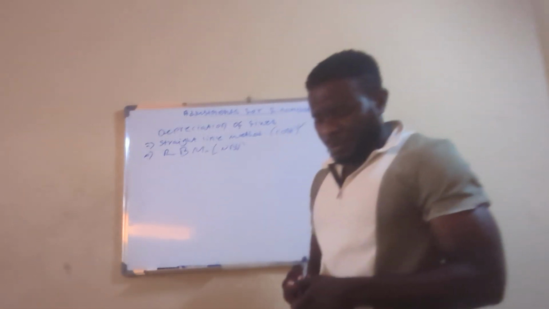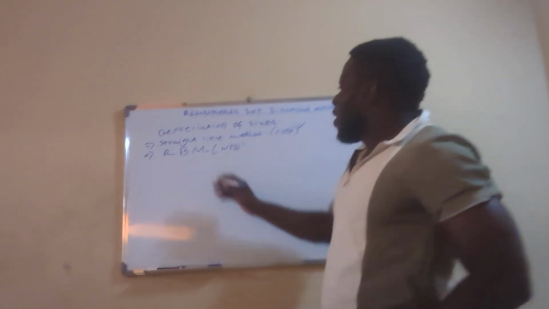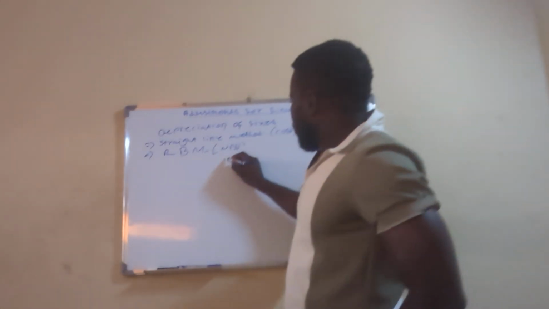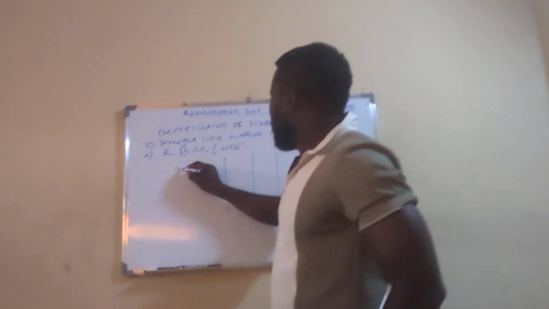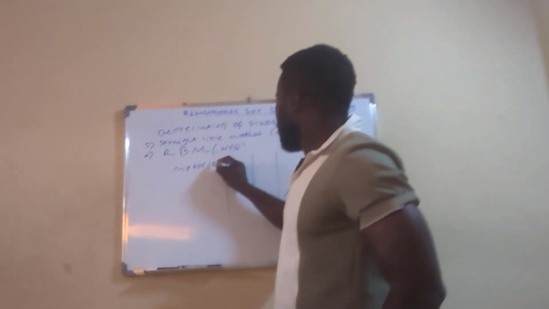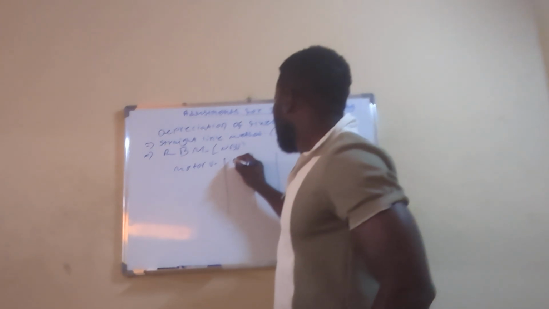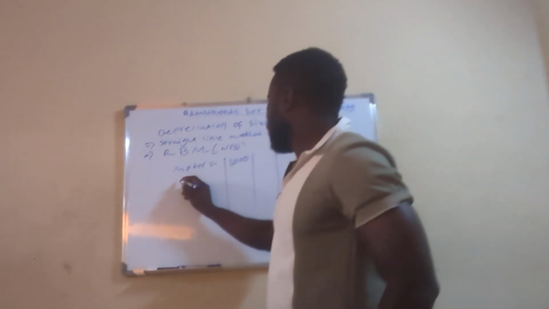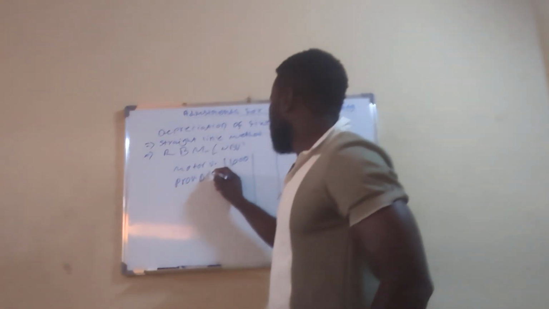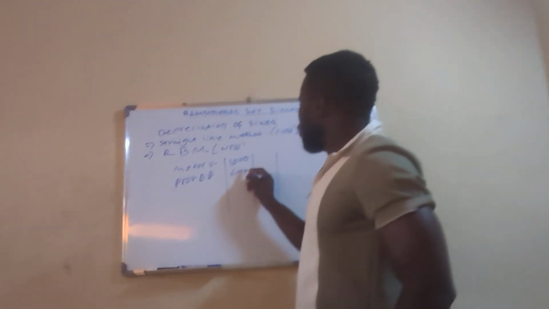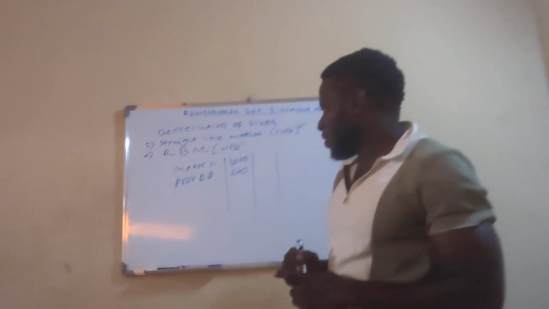Here we have this situation: motor vehicle, 1,000, and then we have provision for depreciation, 600, the accumulated depreciation.